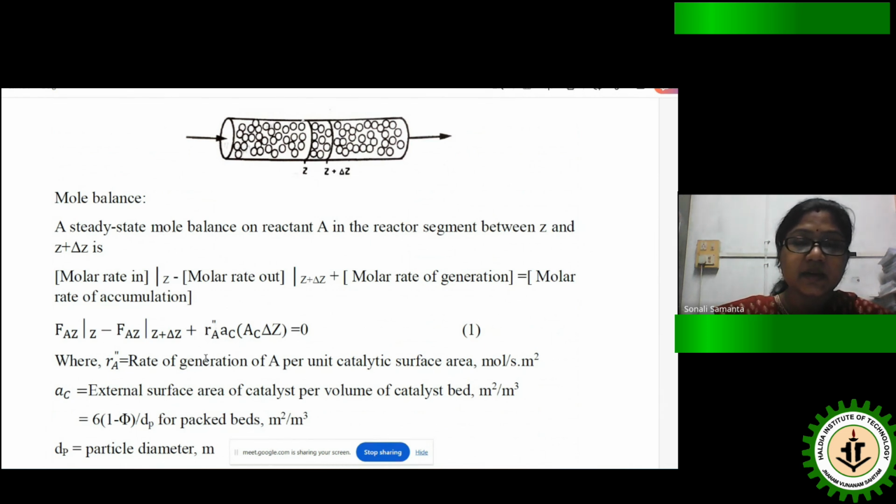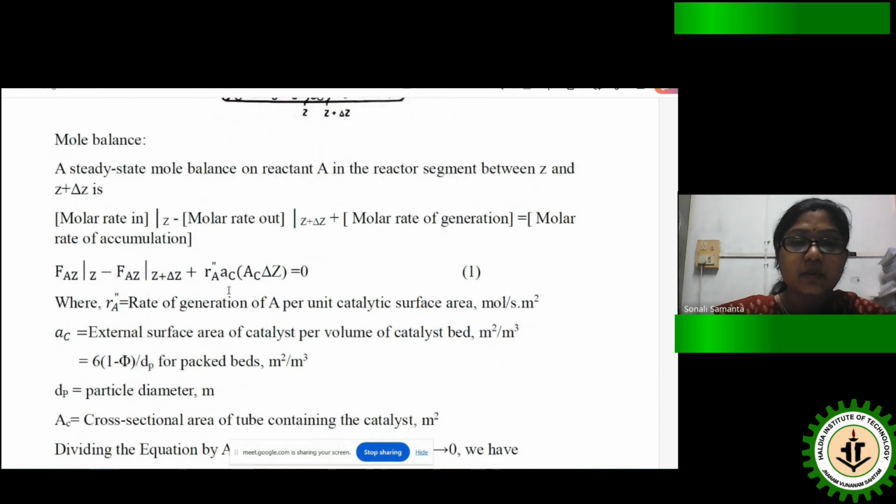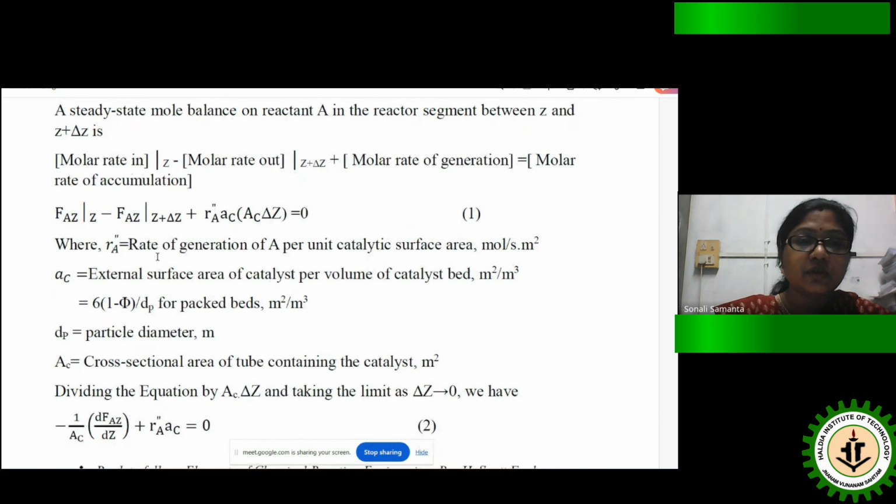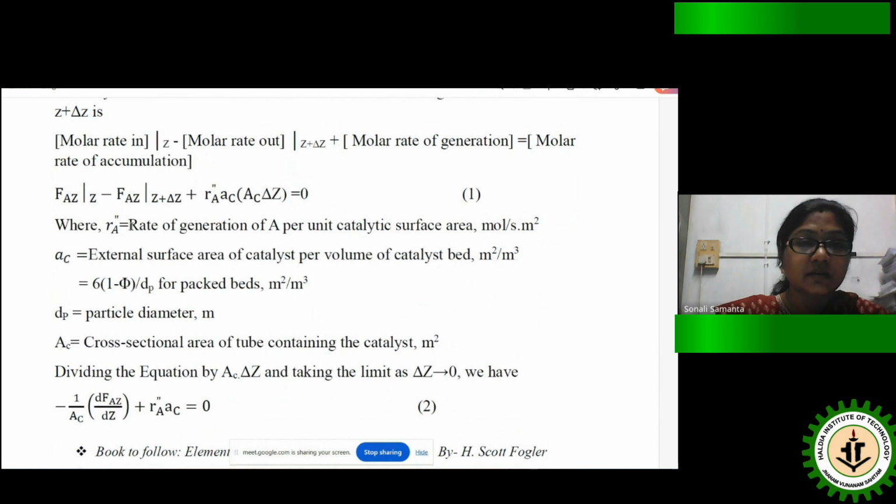So meter square will be cancelled out, and that gives you the molar rate, moles per second. That is the term which comes from the molar rate of generation. So this is your mole balance. Now let us convert it into the derivative form. To do that, we have to divide the equation by A_c times delta Z and take delta Z tends to 0.